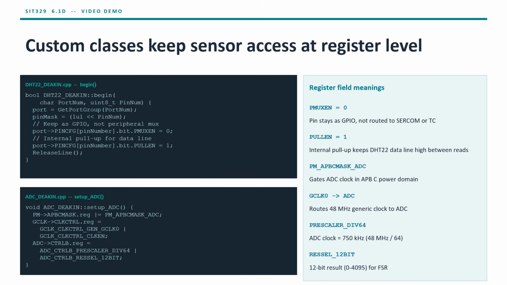The prescaler is set to divide by 64, which gives a 750 kHz ADC sample clock, and the resolution is set to 12 bits, so the FSR voltage divider produces results between 0 and 4095.